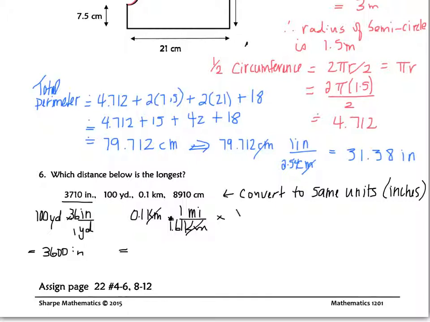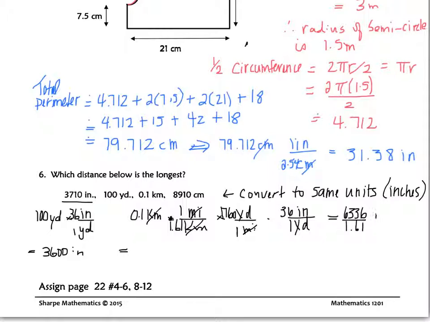I want to change that to yards, so the miles would be in the bottom. I know that 1 mile is 1,760 yards. And then I want to change the yards to inches, so put the yard in the bottom and the inches in the top, and I know that 1 yard is 36 inches. So if I work all that out, I'm going to have 0.1 times 1,760 times 36 in the top, 6,336, over 1.61.